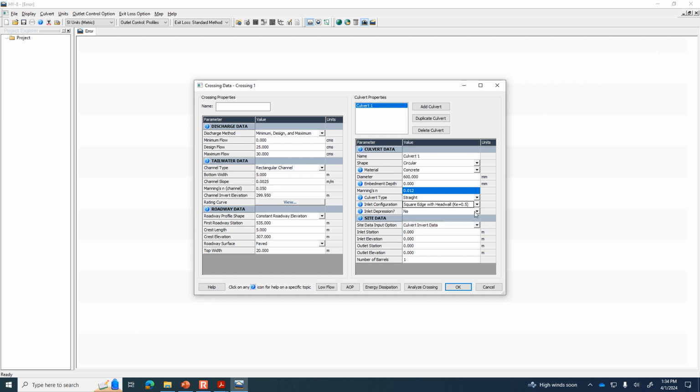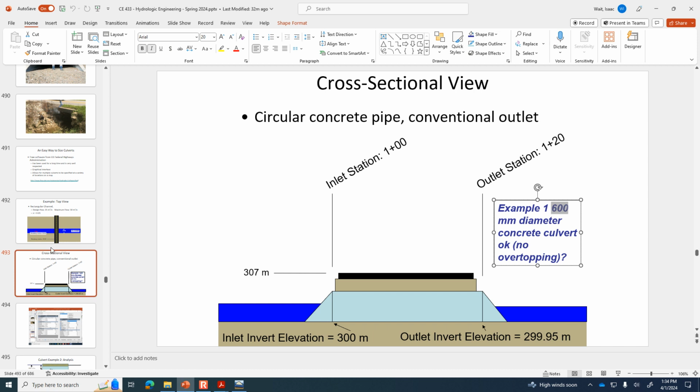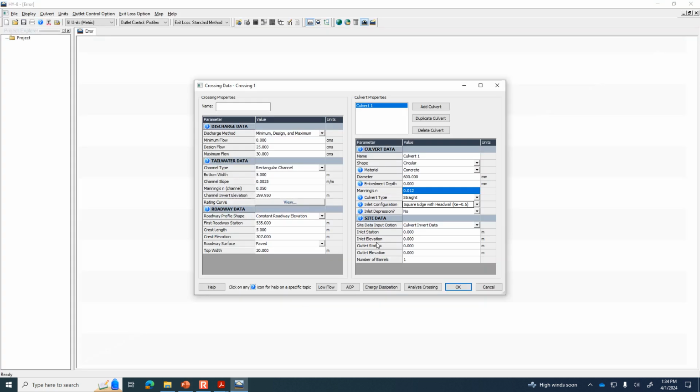Inlet depression is talking about if there was a pool just before the culvert as a location for sediment to be trapped, then it reduces the capacity a little bit, but let's just leave it on no. So the only thing we've specified really is circular concrete, 600 millimeters, and we left everything else by default.